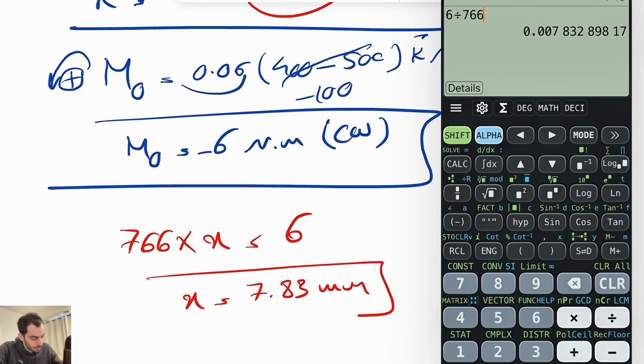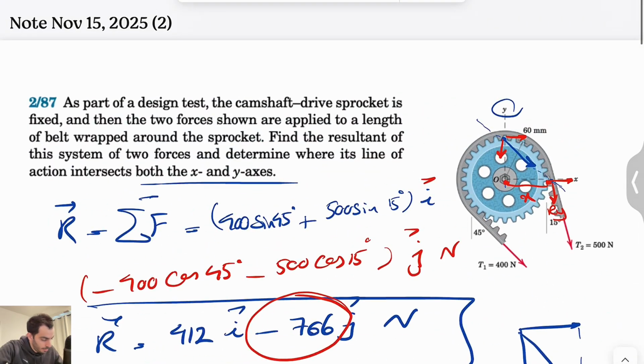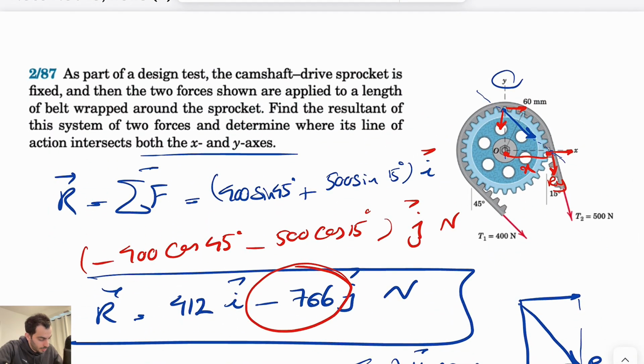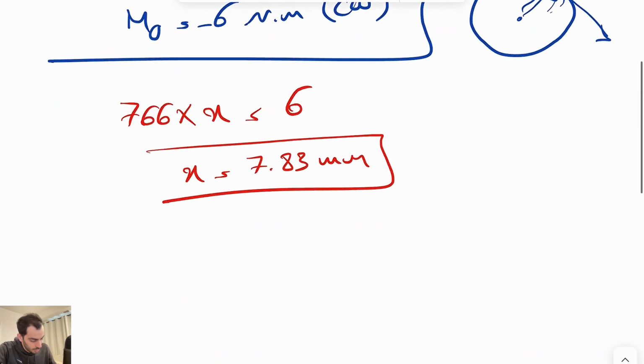If you want to find the y-intercept, we're going to go with this one. The x component is not going to make any moment, but we have the moment of Rx, and the distance would be y. So Rx times y, and Rx is 412.